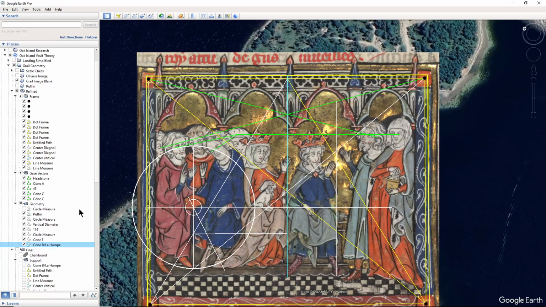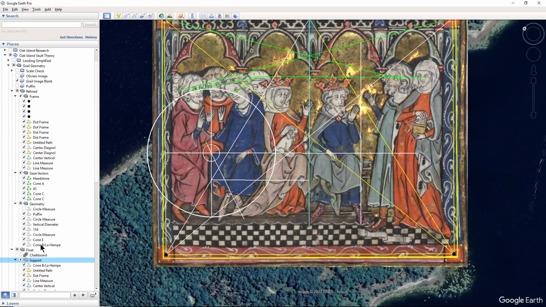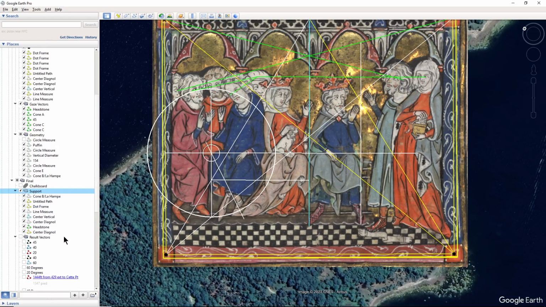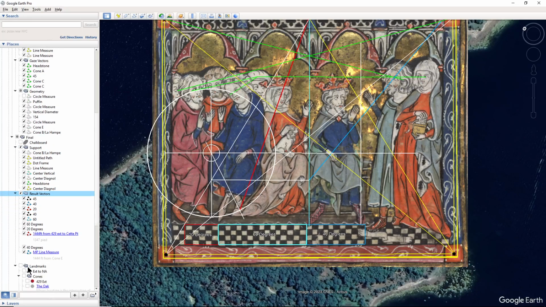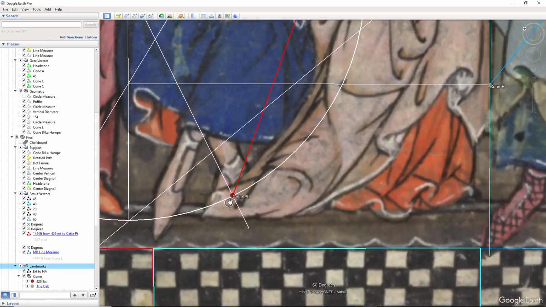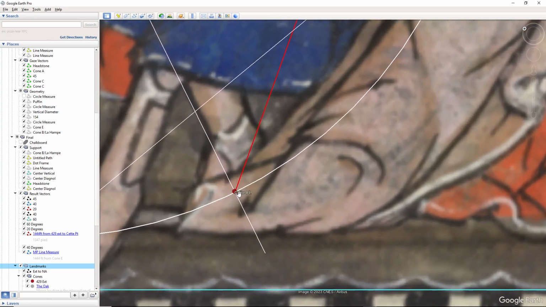So when all this geometry is said and done, we have basically this geometry, and when we put the results of that on there, it ends up being that this point is what is called the set point of Zena Halpern's map.